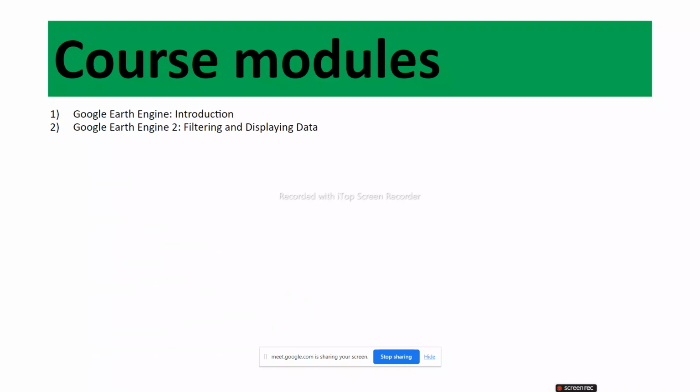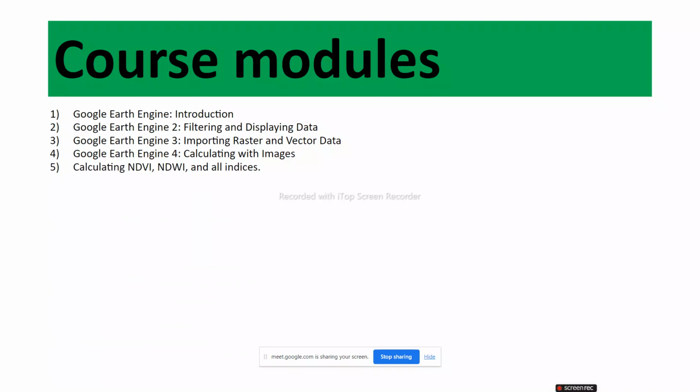It can be climate data, it can be different types of satellite data, and how we can easily filter and display it. We will also discuss how we can easily import raster and vector data into the Google Earth Engine platform, as well as calculating with images, the different types of indices, and how you can easily calculate them. Then calculating the NDVI, NDWI, and all other indices.